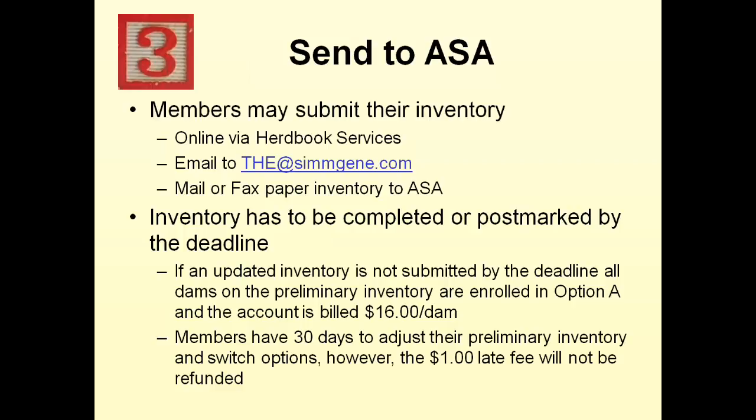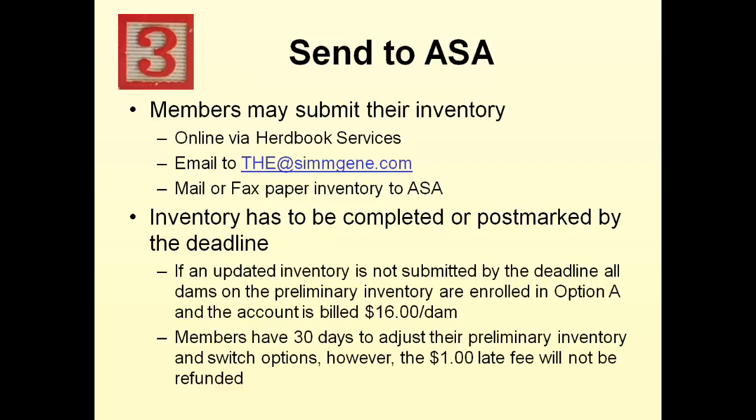If you miss those deadlines, what ASA does is our computer goes in and they do what's called a late enrollment. So they take every female that is on your preliminary inventory, and the computer marks her down as option A and bills your account $16 per dam. You do have 30 days to adjust that enrollment.